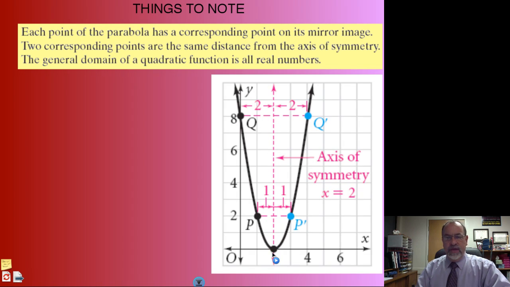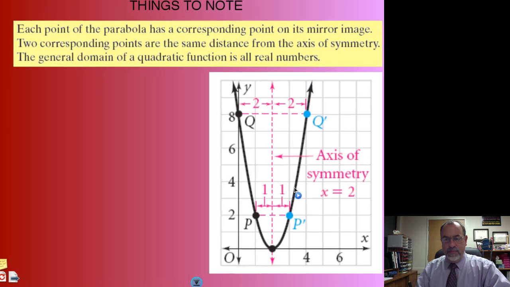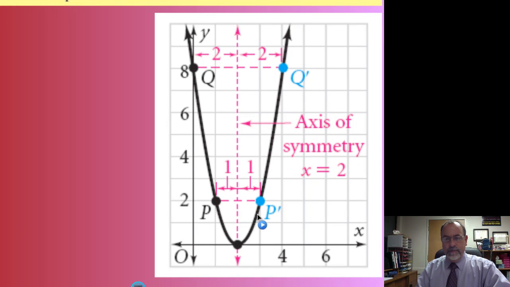In this drawing, here's our axis of symmetry at x equals 2, and the vertex here is at 2, 0. Every point on this side of the parabola has a corresponding point on the other side, and the distance from the axis of symmetry to the point on this side is the exact same distance as to the point on the other side. So these distances remain the same.